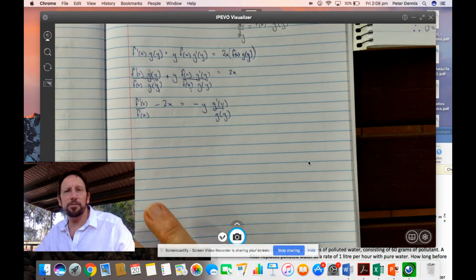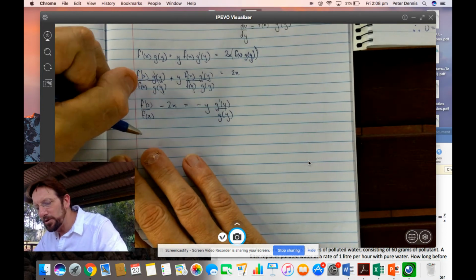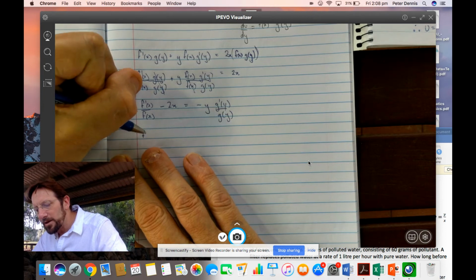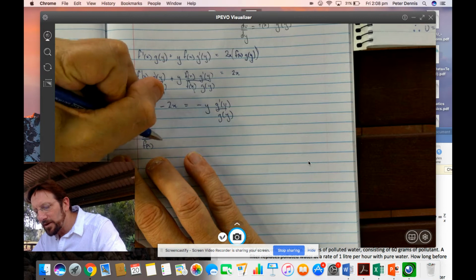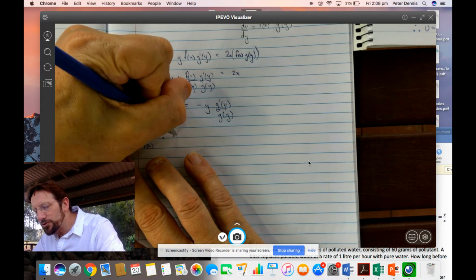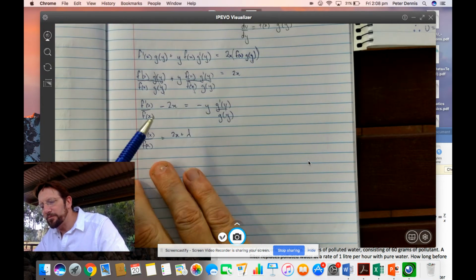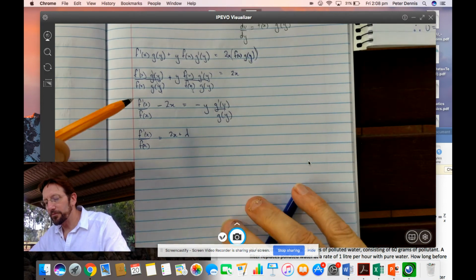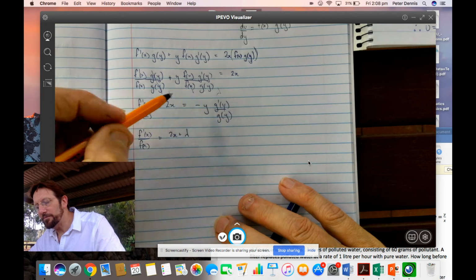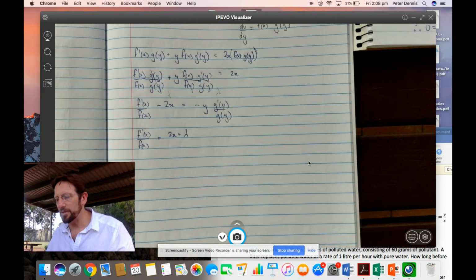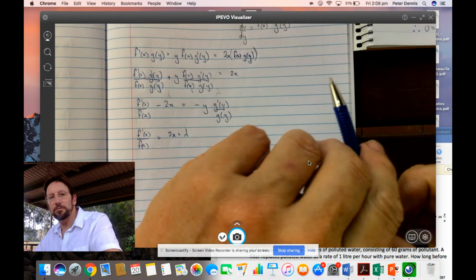And because they equal each other, we're going to let them both equal some lambda. So f dash x over f of x is going to equal 2x plus lambda, because this equals lambda, that equals lambda. They equal each other, they must equal something. So let's let them both equal lambda.